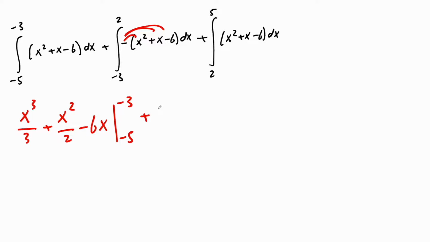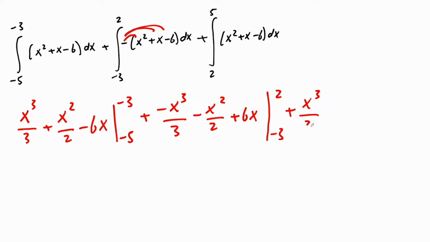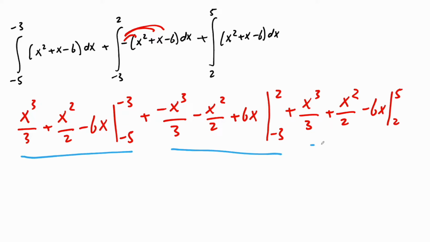But it's still very much going to be the same. -x cubed divided by 3 minus x squared divided by 2 plus 6x. Again, bounded from -3 to 2. The last one: plus x cubed divided by 3 plus x squared divided by 2 minus 6x from 2 to 5. Now, this is one part, second part, and the third part.